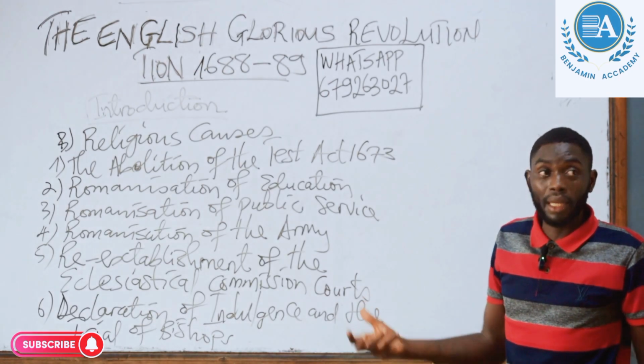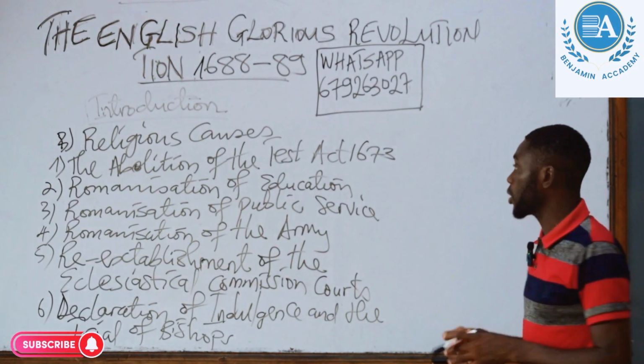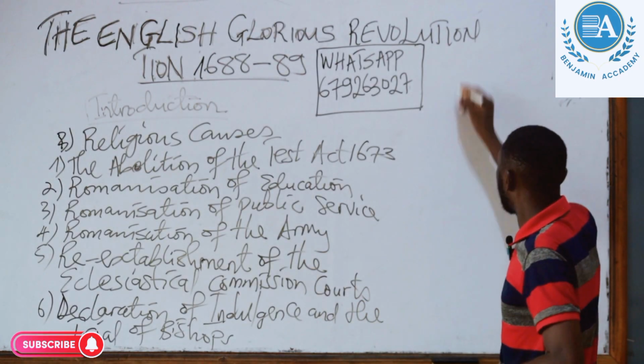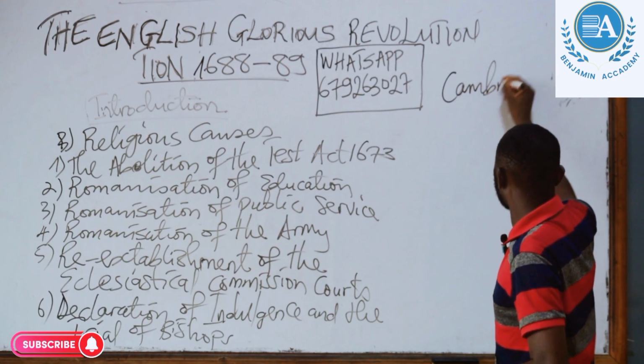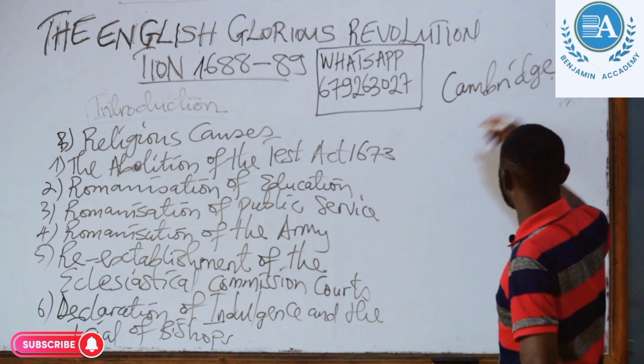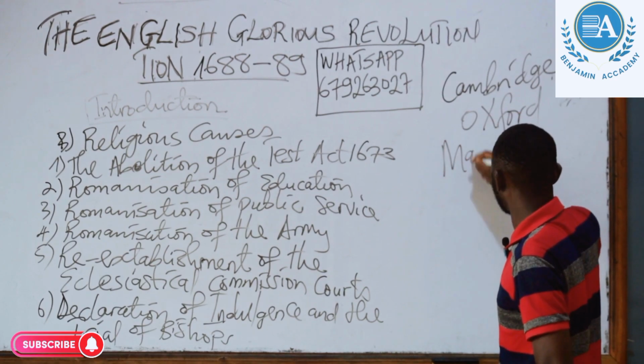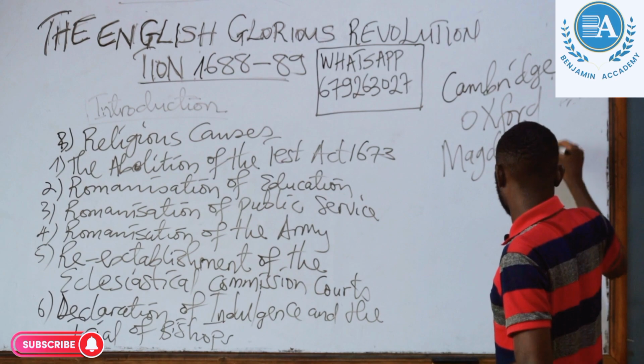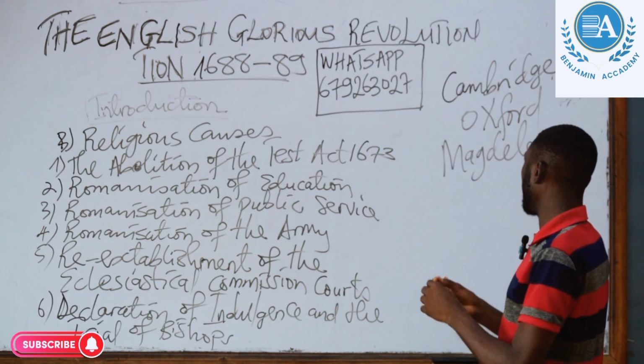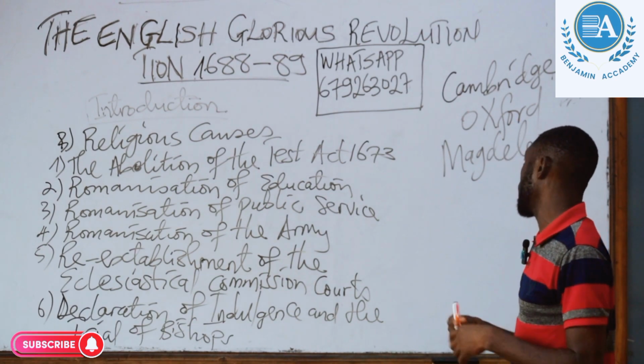He struggled to make them become Roman Catholic schools. This was the case of Cambridge University, Oxford University, and Magdalene College. James wanted to Romanize these institutions.